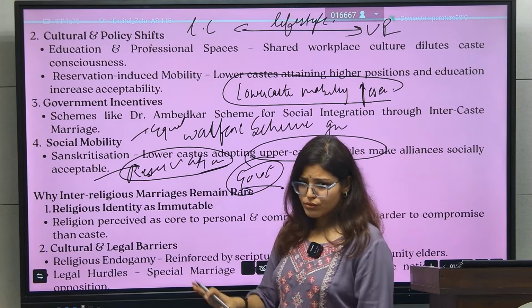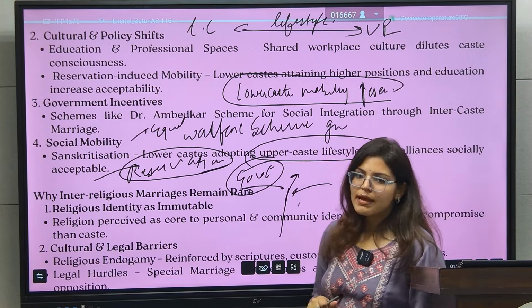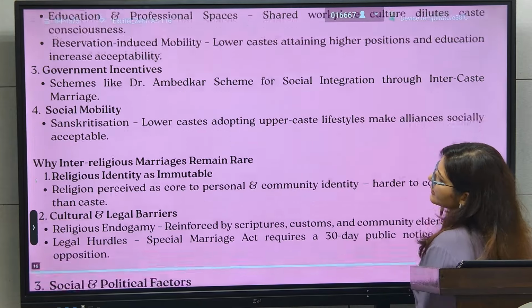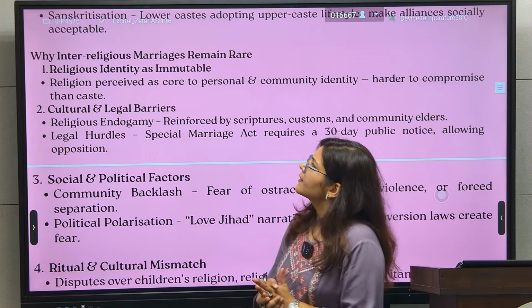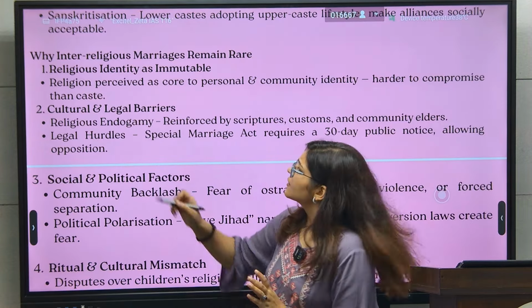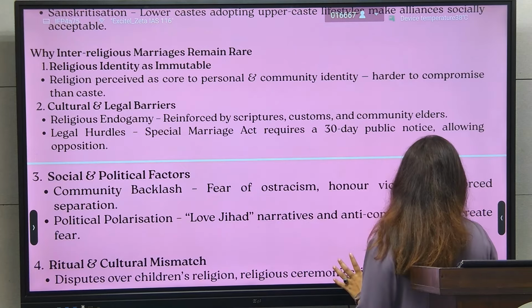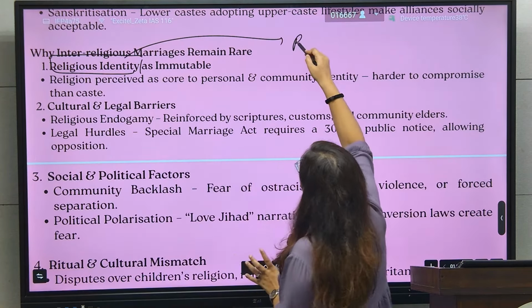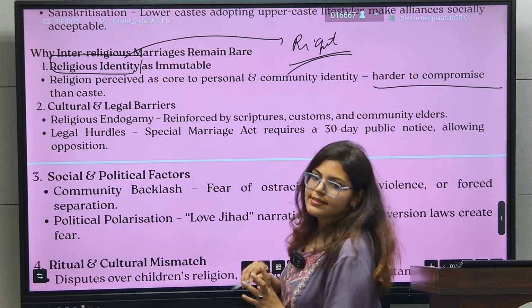So this is also a point you can write about why intercaste marriages are increasing. Now why do interreligious marriages remain rare? There is religious identity as immutable. Religious identity is very rigid as compared to caste identity. So this is rigid, harder to compromise than caste.